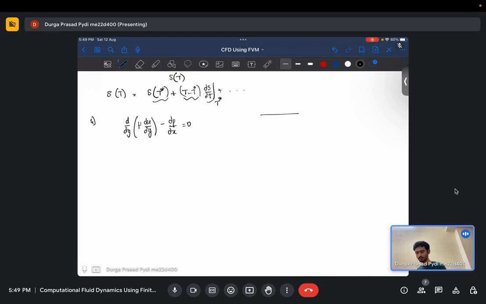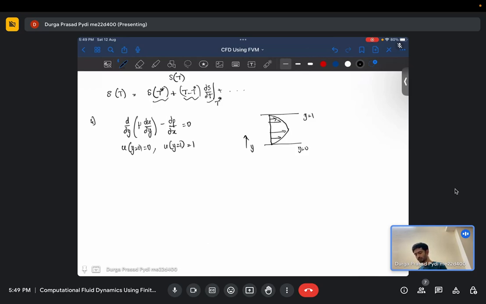Essentially you have two parallel plates, both stationary, and you have some velocity field. You might already know the profile; it will follow some parabolic profile. So this is my y, this is y equal to 0, and say this is y equal to 1. The boundary conditions are u at y equal to 0 is 0, as both the plates are stationary.